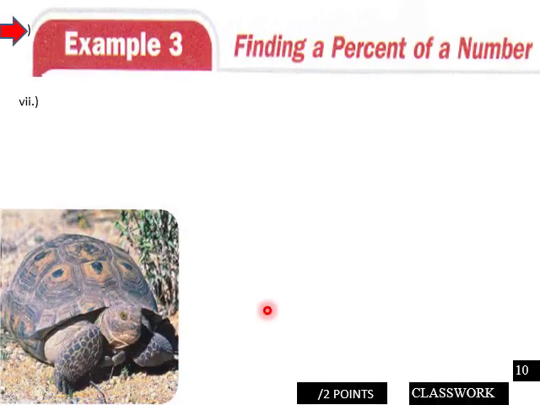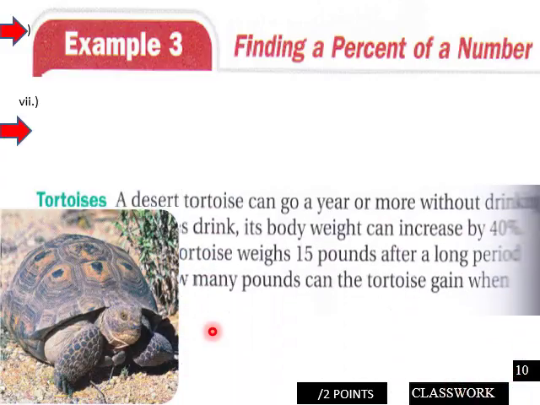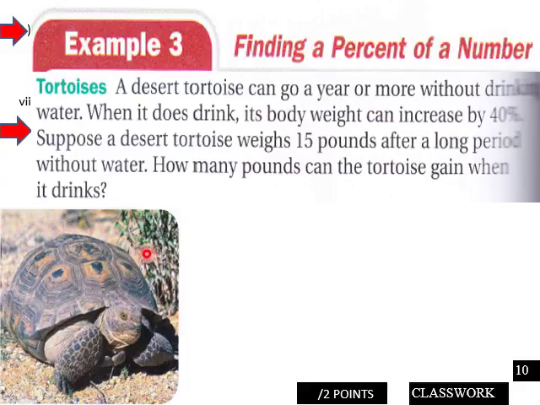Classwork, example 3. We're back to our tortoise here. Classwork, page 10. A desert tortoise can go a year or more without drinking water. When it does drink, its body weight increases by 40%.